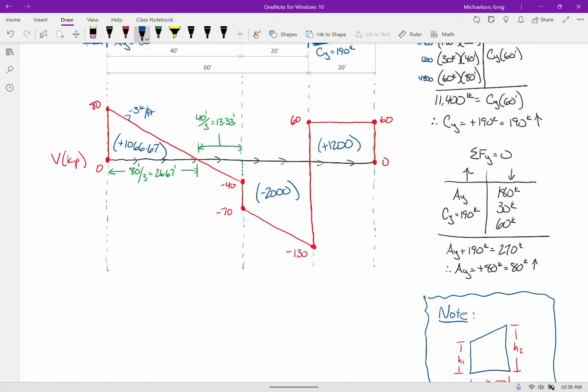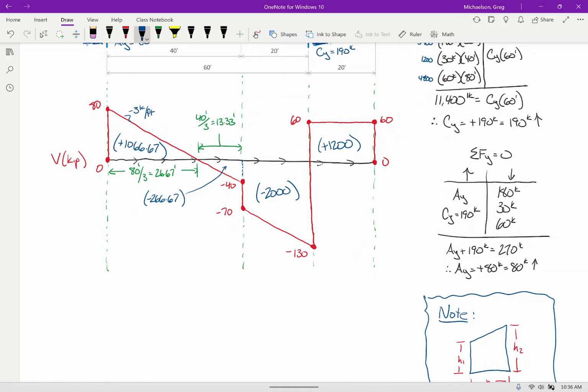And by the way, what's this one? Negative 266.67.